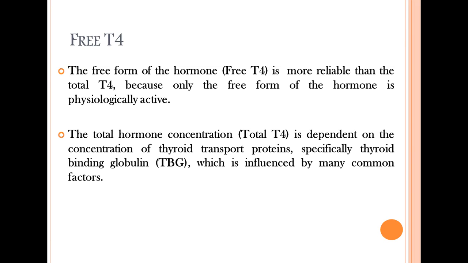This increase in thyroxine binding globulin may occur in different conditions. For example, in a female, it depends on the estrogen state. With increased estrogen during pregnancy, or in the newborn infant where the level of estrogen is very high, it is preferable to depend on the free rather than the total T4.